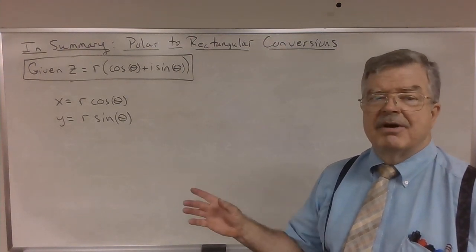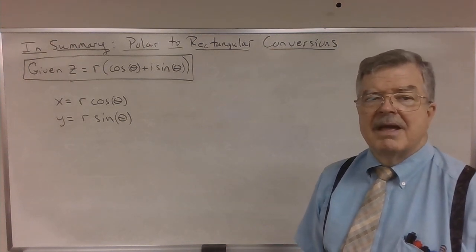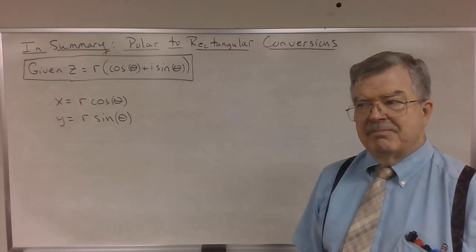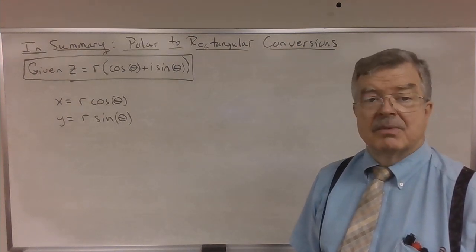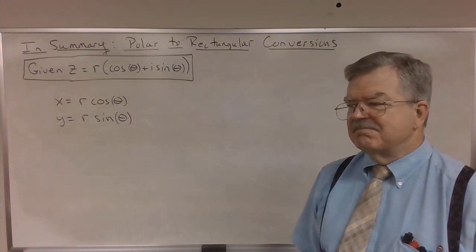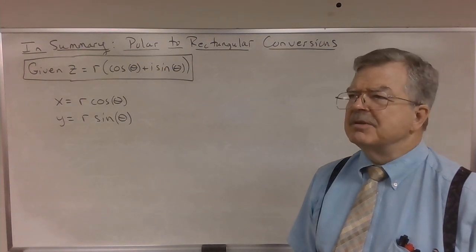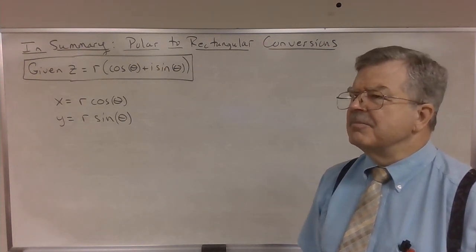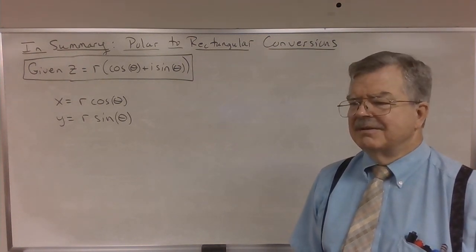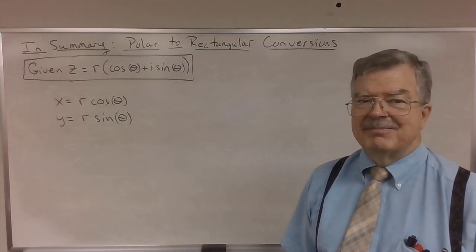Just add the real parts and the imaginary parts and you got it. Surely that would be a complicated task in polar coordinates. And it doesn't seem that multiplication of complex numbers in rectangular coordinates is that complicated. Well, I'll tell you what, it can be complicated.